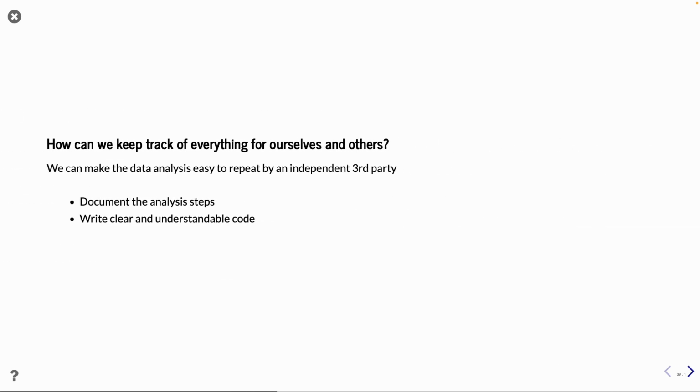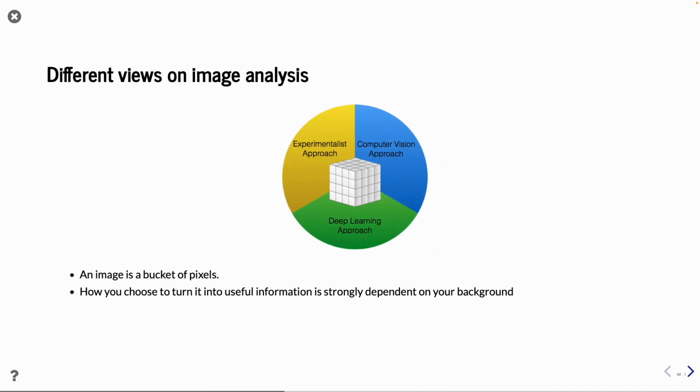How we can keep track of things is, first of all, it's very important to document the analysis steps, and also the code you write should be well documented and understandable for someone else to take up. If you start writing very nested code, it's really hard to take over and also to maintain for other people. But that's also a topic that we will talk about in a later lecture. And with that, I think we'll make the break.